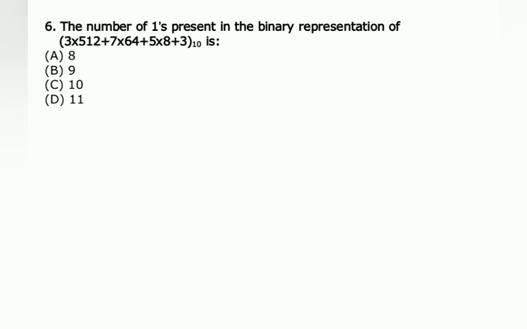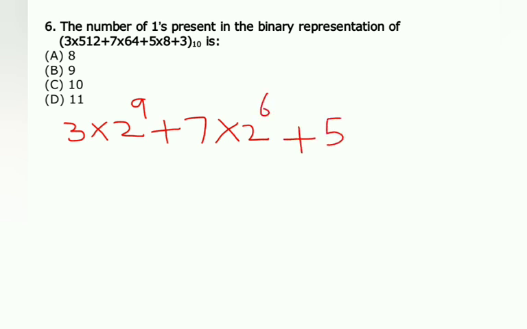So 512 can be written as 2 power 9, 3 into 2 power 9 plus 7 into 64 can be written as 2 power 6 plus 5 into 8 can be written as 2 power 3 plus 3 into 2 power 0.